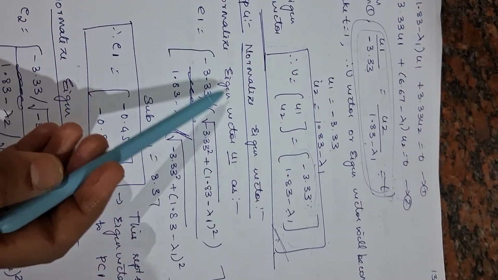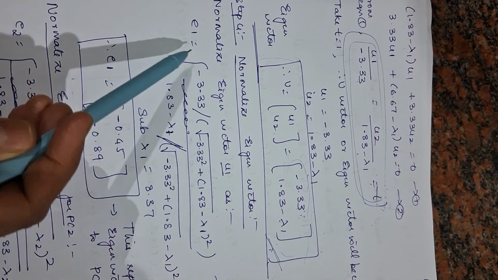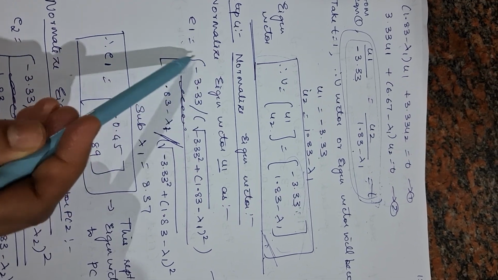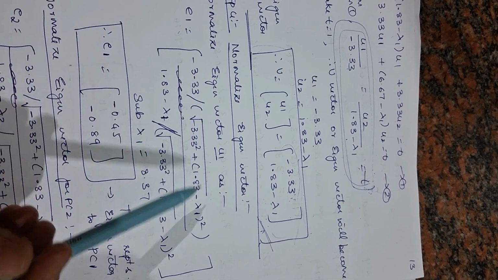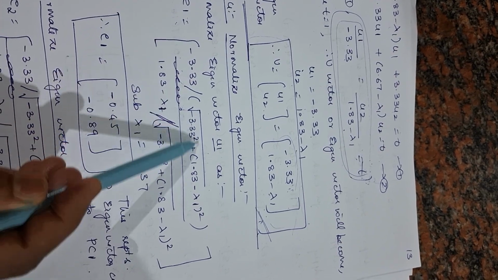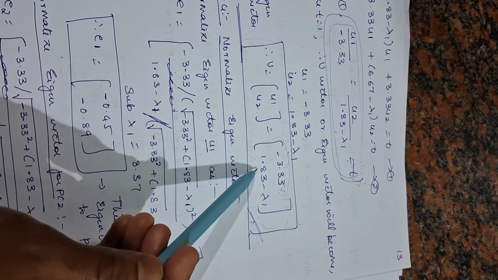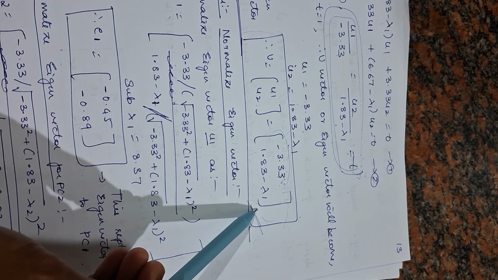So the normalized eigenvector of U1, let me write it as E1, is again a matrix. The first element in the first row is minus 3.33 divided by the root of minus 3.33 square plus 1.83 minus lambda 1 whole square.